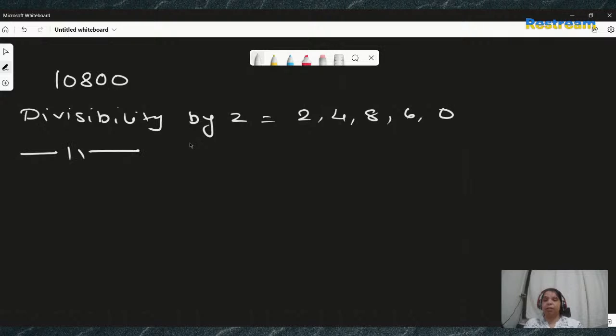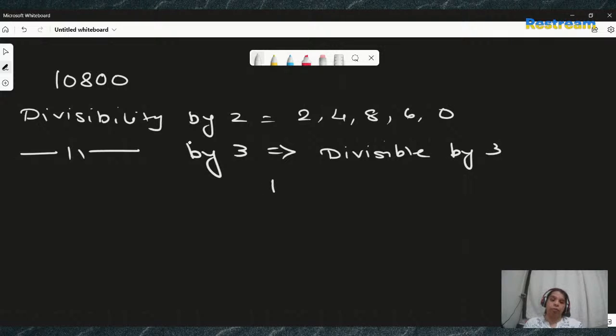Next one is divisibility by 3. It says that if the addition of all the digits is divisible by 3, then the number is divisible by 3. So let's say I have 126. 1 plus 2 plus 6 is equal to 9.